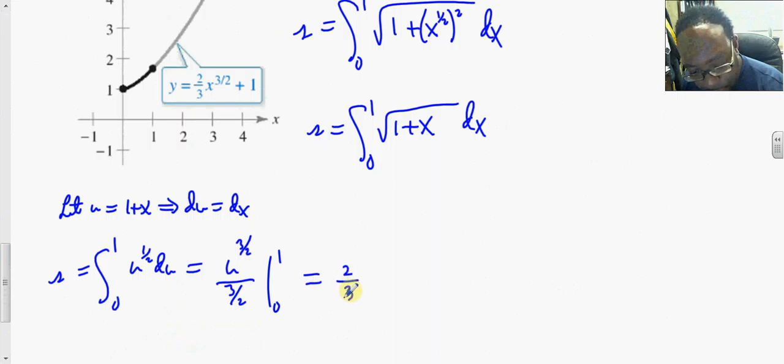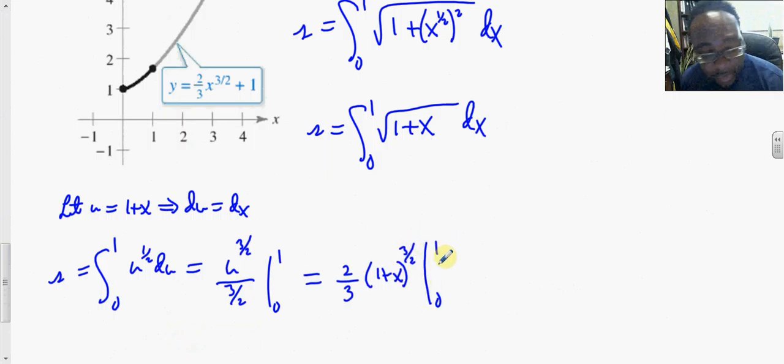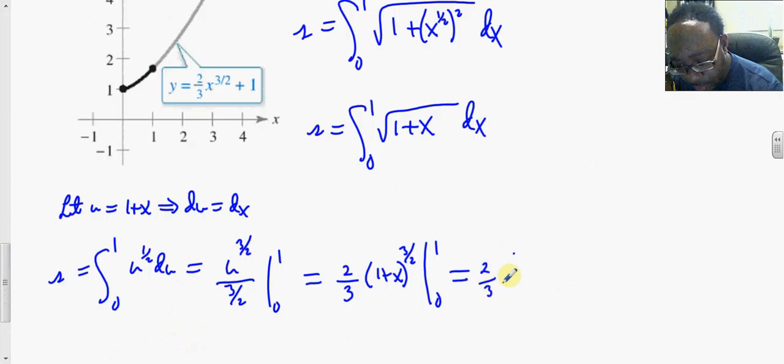So this is 2 over 3, and the u was the 1 plus x to the 3/2 power. That's evaluated from 0 to 1. And so we plug in x equal to 1. So we have 2/3 times 2 to the 3/2 power, which is the same thing as 2 times the square root of 2, minus evaluate 1 plus x to the 3/2 at x equal to 0.